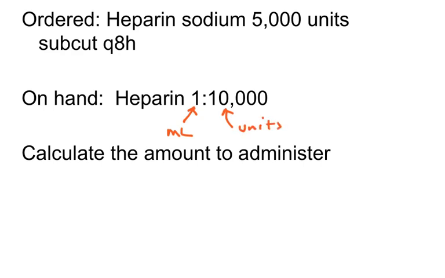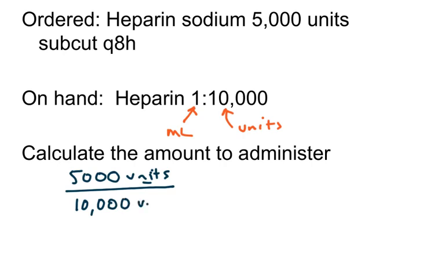So you're going to decide what you're going to administer. What you have ordered is 5,000 units, my apologies. So what's ordered over what's on hand times the quantity. What you have ordered, 5,000. What you have on hand in the same unit, since it's units, you're going to use that 10,000 because they need to match to cancel.